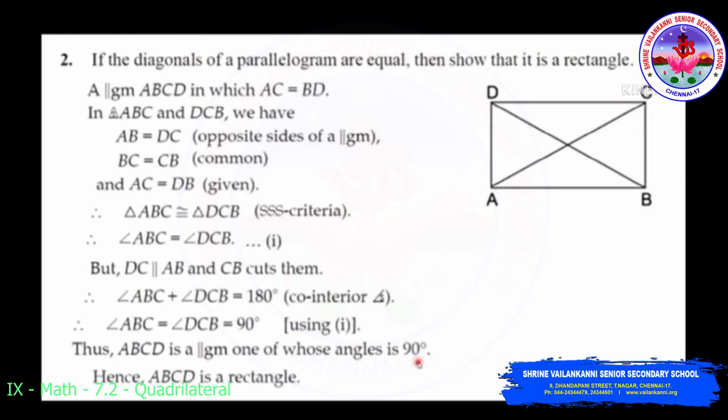But we know that AB is parallel to DC, BC is the transversal, and angle B and angle C are the co-interior angles. Angle sum is 180. So I have written the co-interior angle as angle ABC plus angle DCB, which denotes the angle B and angle C, whose sum will be equal to 180 degrees.